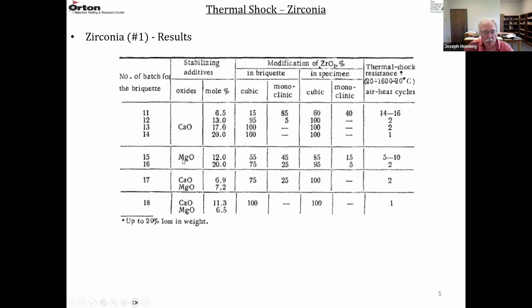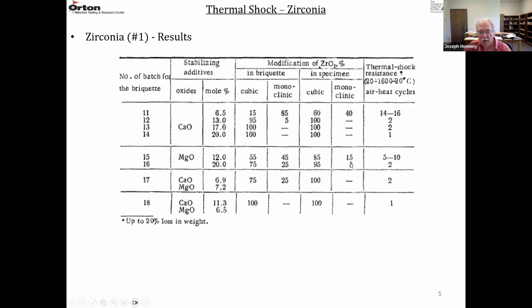So the MgO material was done at 12 and 20 mol% MgO, and the briquettes at 12% still had 45% monoclinic, and at 20% 25% monoclinic.